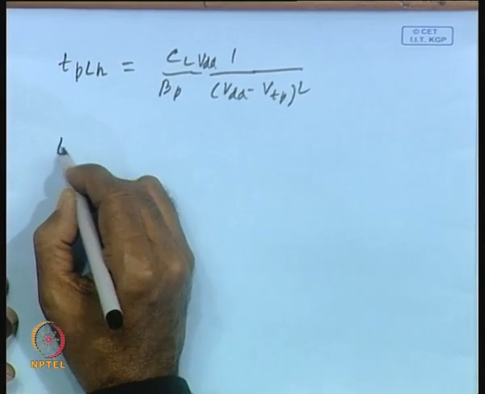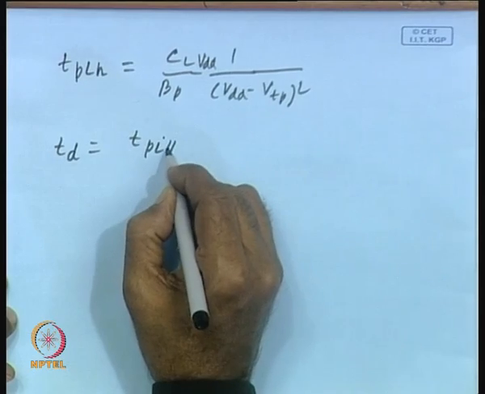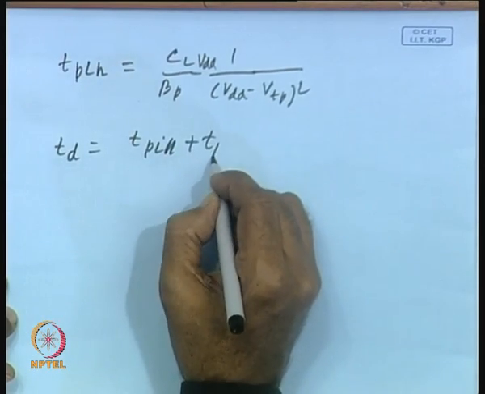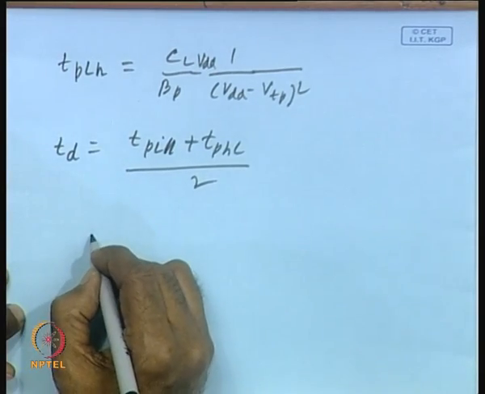Now, what is the delay time? Td is equal to (Tp low to high plus Tp high to low) by 2.